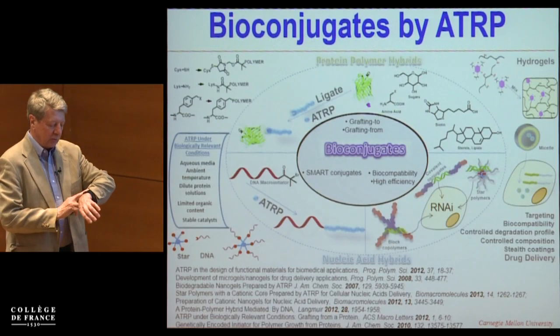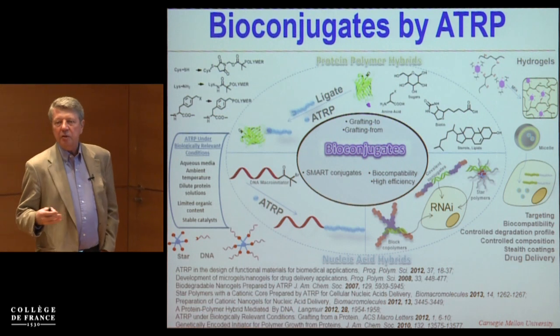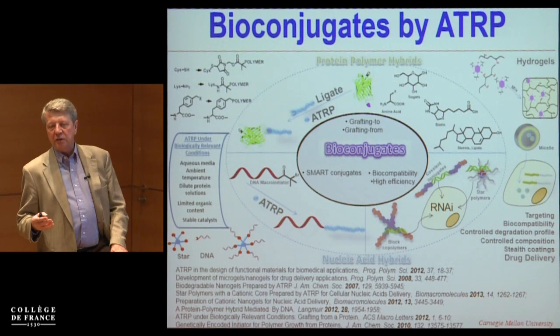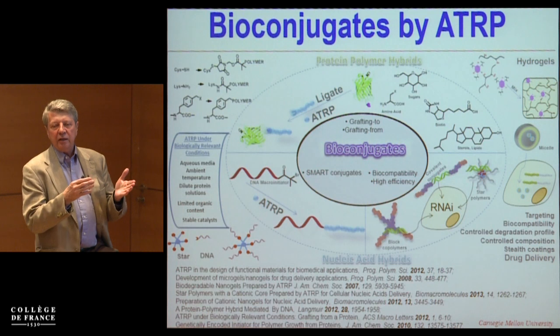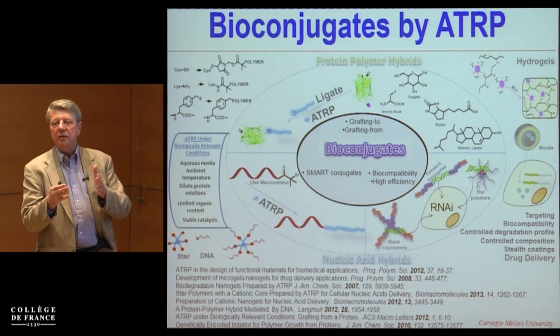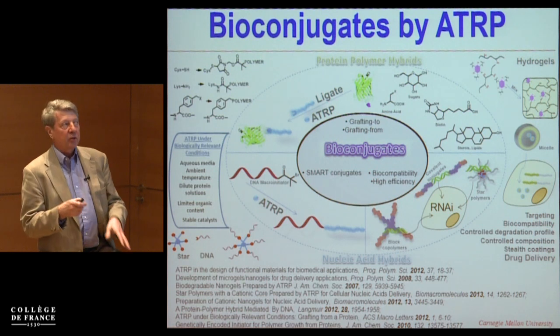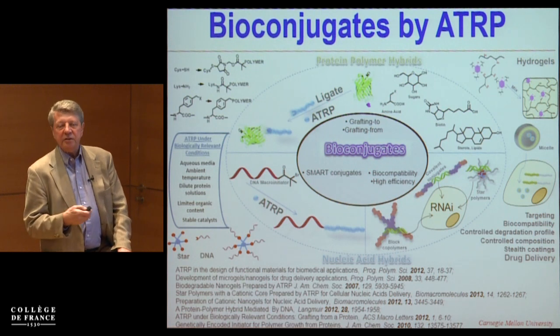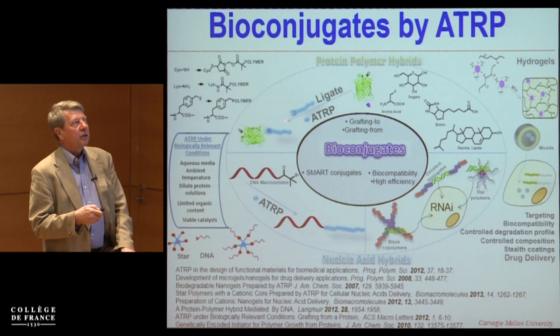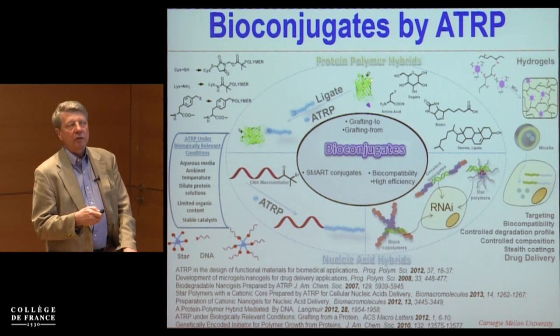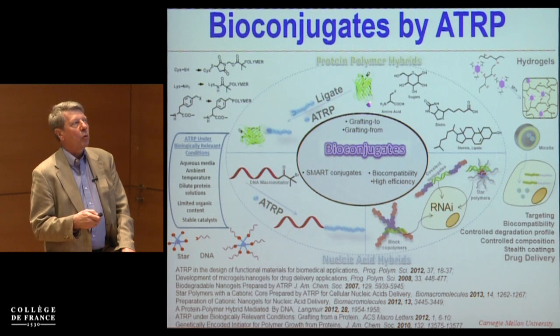So let me switch now to some issues related to bioconjugates. So bioconjugates, like covalently linking organic and inorganic materials, it is covalently linking natural and synthetic polymers. So there are a couple of ways to do that. We can make either coupling of polymer chains with the protein or with an enzyme, or we can grow one by one monomer unit and get these hybrid materials.